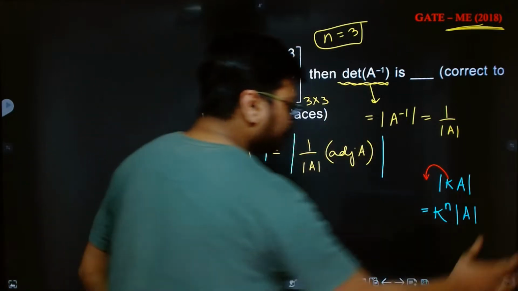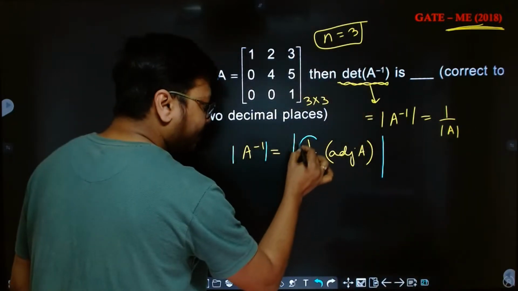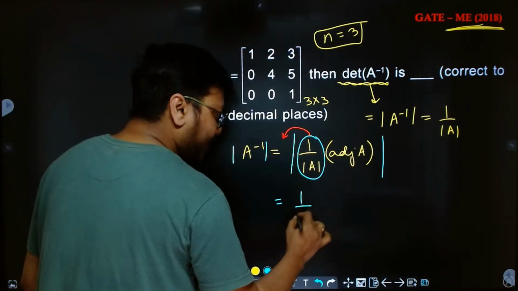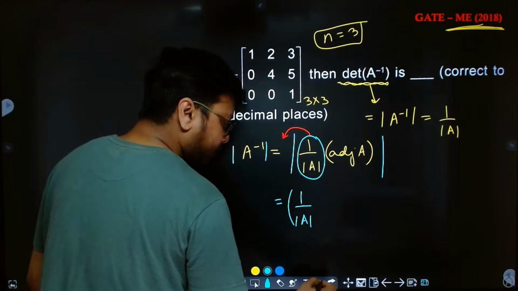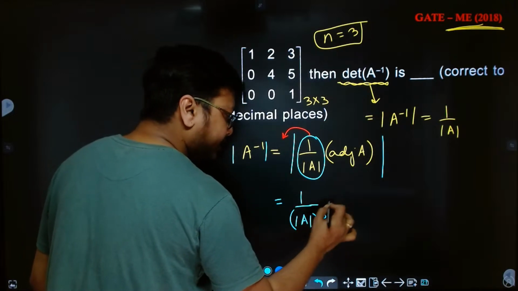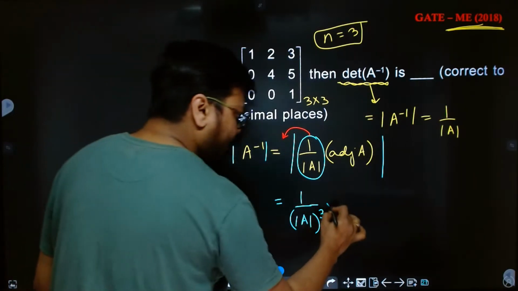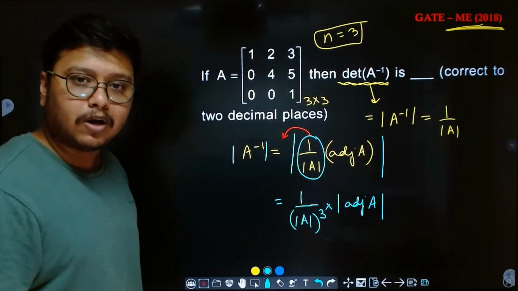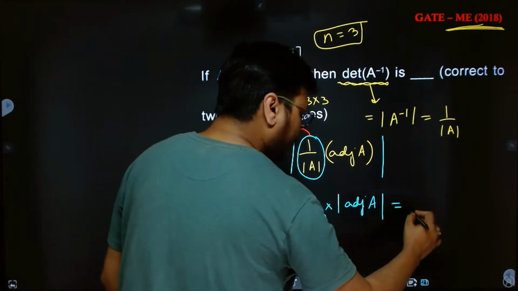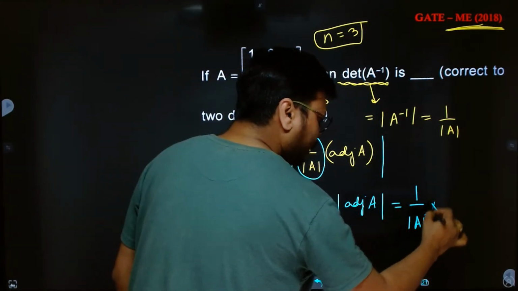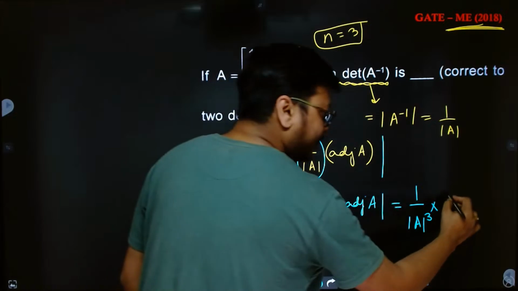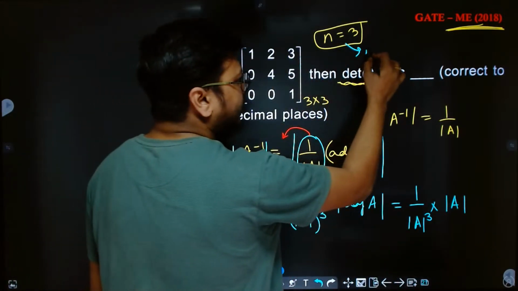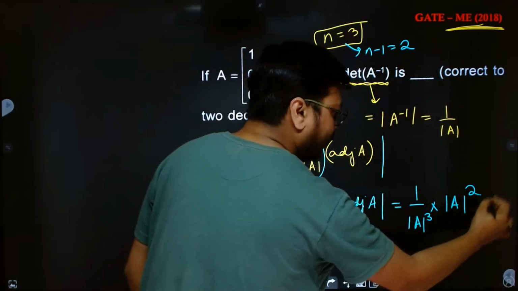Basic property. So over here, 1 by determinant A is the constant. I want to bring this outside the determinant. So it becomes 1 by determinant A to the power of the order, which is 3. This is how it comes outside, and what remains is the determinant of adjoint A. Now you already know the formula for the determinant of adjoint A. So I have 1 by determinant A, whole cube, and the determinant of adjoint is determinant A to the power n minus 1. n is 3, so n minus 1 is 2, so to the power 2.